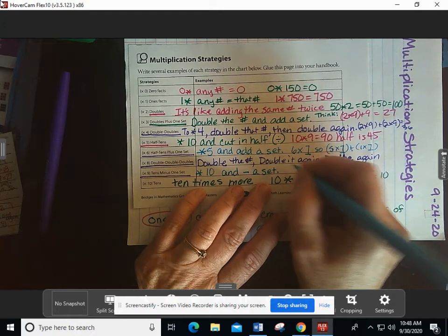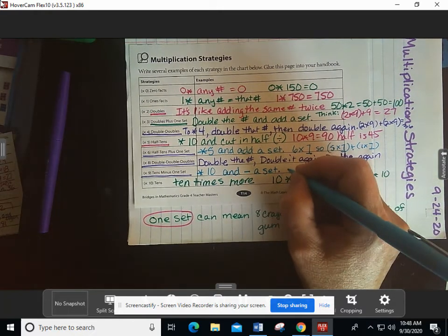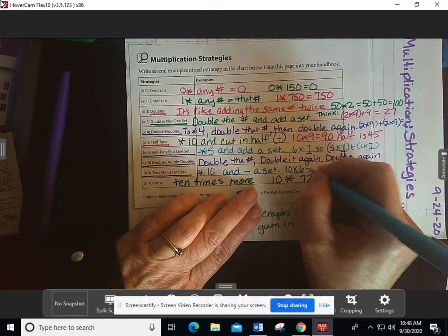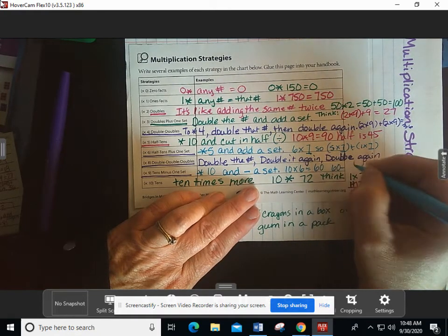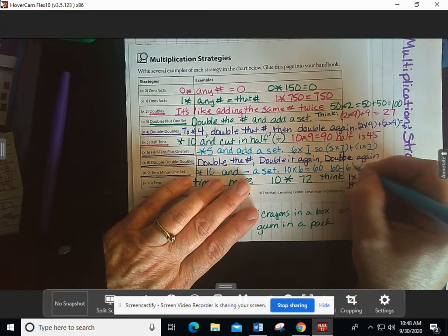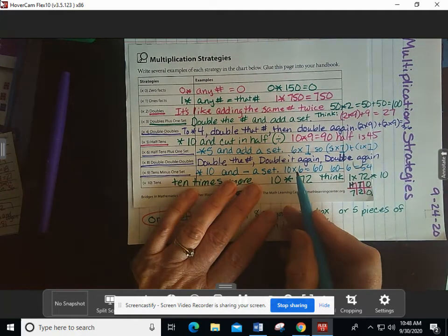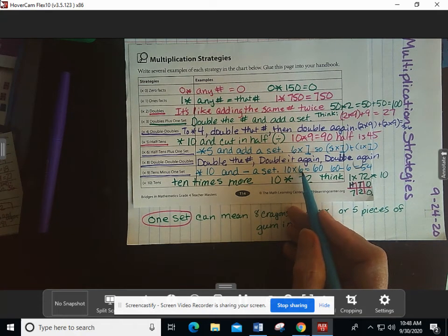So we did, what was our number on here? We did 10 times 6. Remember on this one, because we're multiplying 10 groups of 6, there's 6 in our group. We have to take one of those groups away.